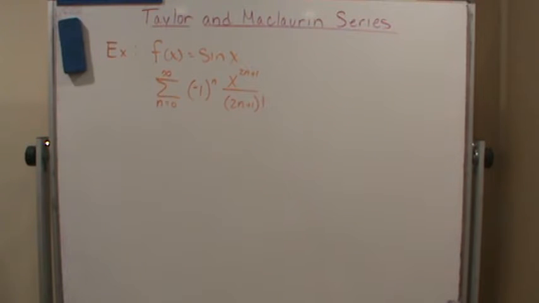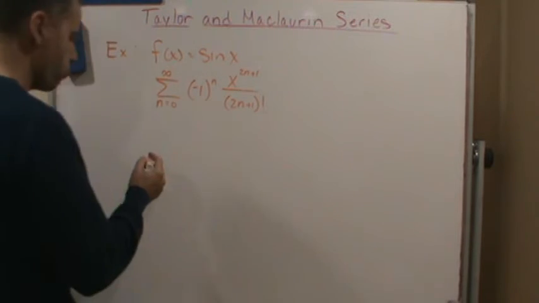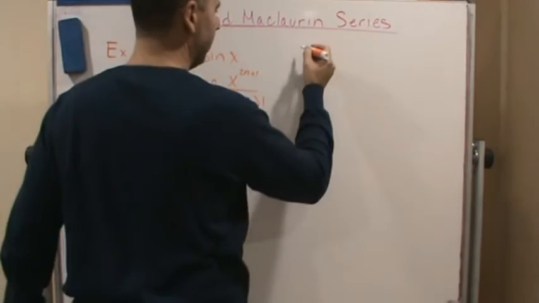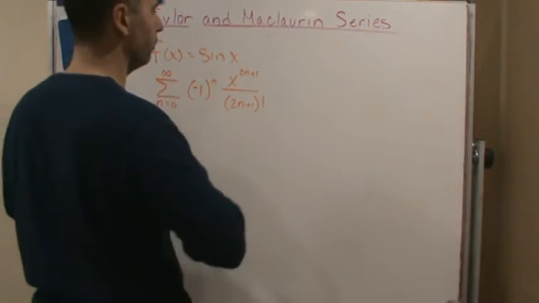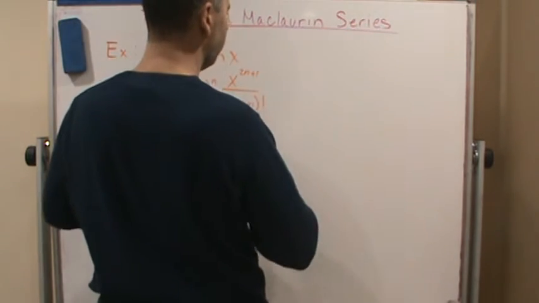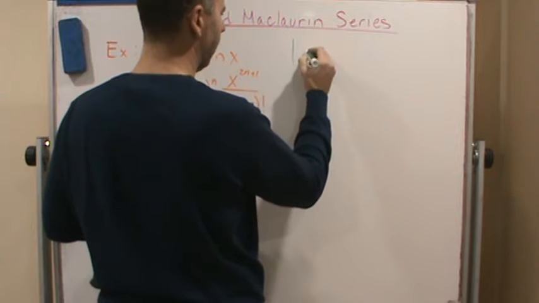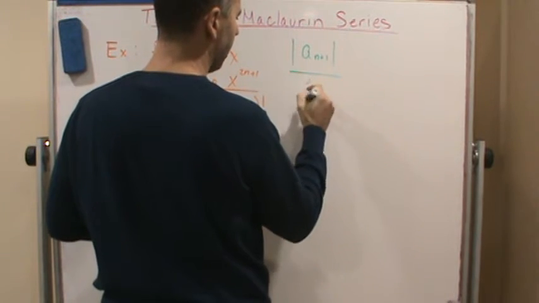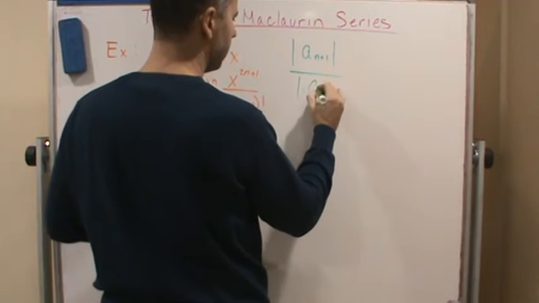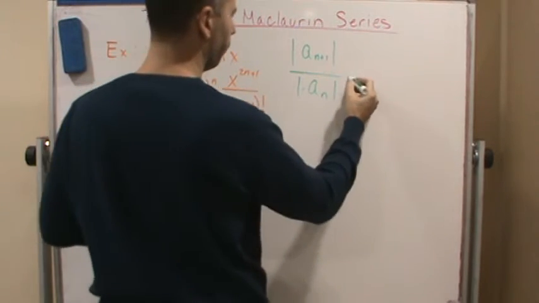Okay, so again, we're going to apply the ratio test, but in order to apply the ratio test, let's consider what we have. So we look at the ratio of the absolute values, right? So a sub n plus 1 over the absolute value of a sub n. Okay.